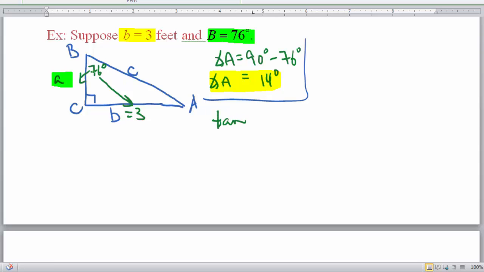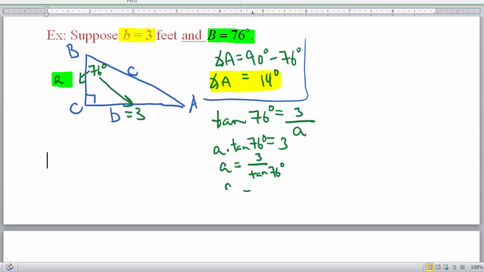The tangent of 76 degrees is going to be the leg opposite, which is 3, divided by the leg adjacent, which is A. Cross multiplying, I would have A times the tangent of 76 degrees equals 3, and then just divide by the tangent of 76. So A equals 3 divided by the tangent of 76 degrees.